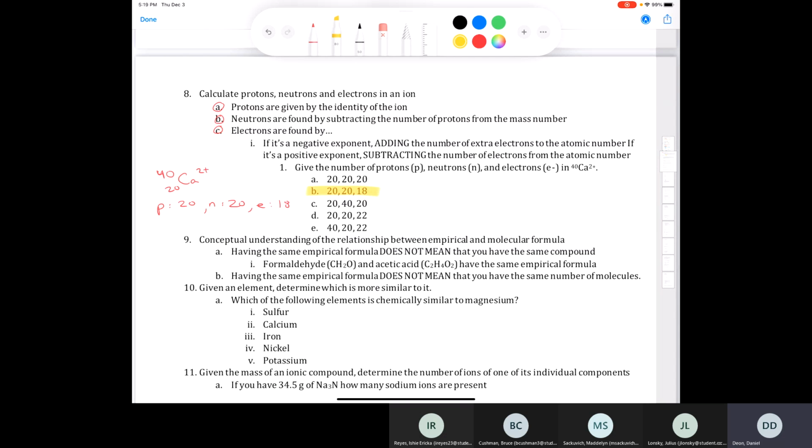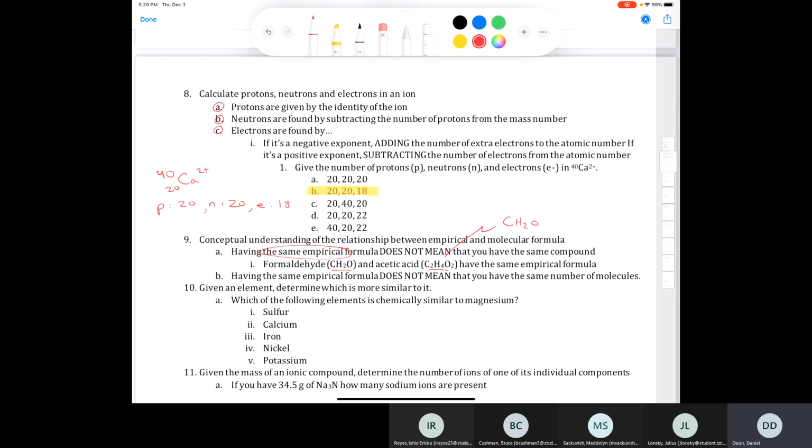Number 9, have a conceptual understanding of the relationship between empirical and molecular formula. Having the same empirical formula does not mean you have the same compound. For example, let me give you an example here. Okay, well, the example that she uses is the one I was going to use. It says formaldehyde has a formula of CH2O. Acetic acid is C2H4O2. It also has an empirical formula of CH2O.